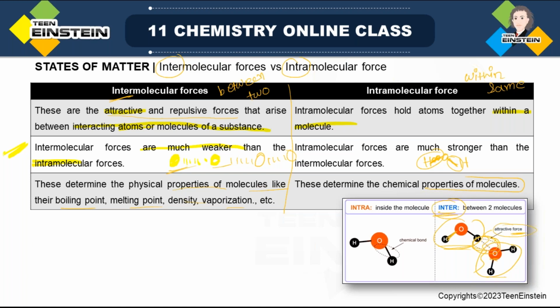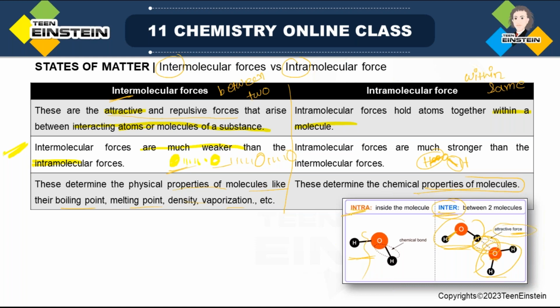But if you are interested in the chemical properties of a molecule, chemical properties mean the bonds will now be broken. If a water molecule is taking part in any chemical reaction, obviously the bonds between H and O will be broken. Knowledge of intermolecular force will be of no help, because that is the interaction between two water molecules.